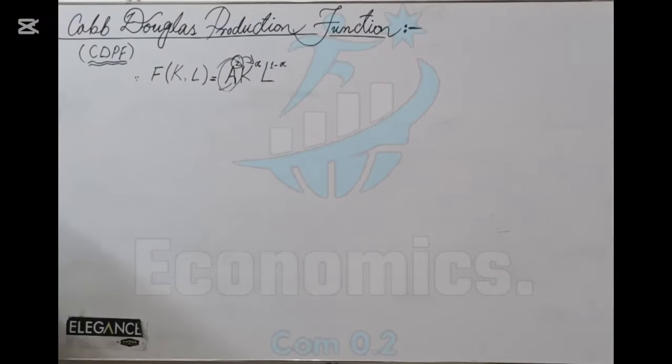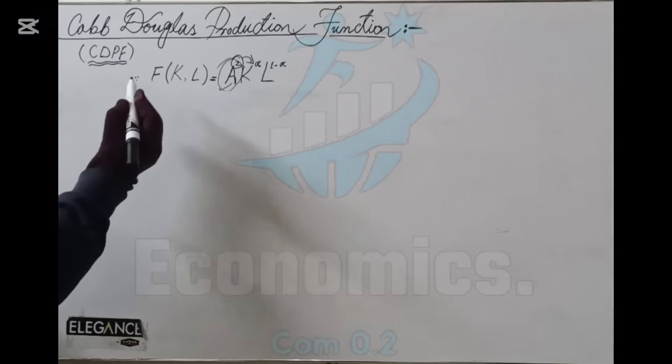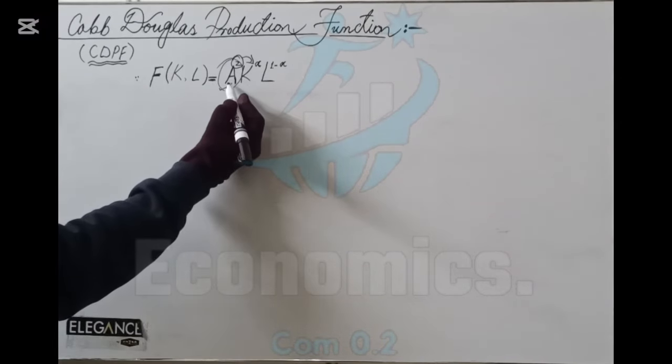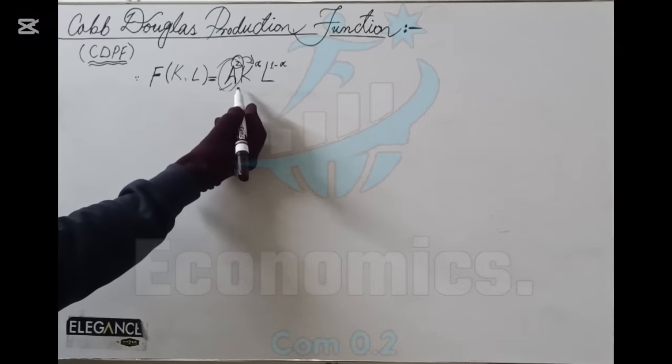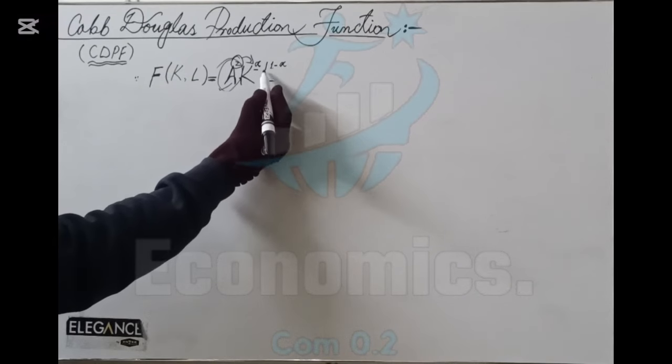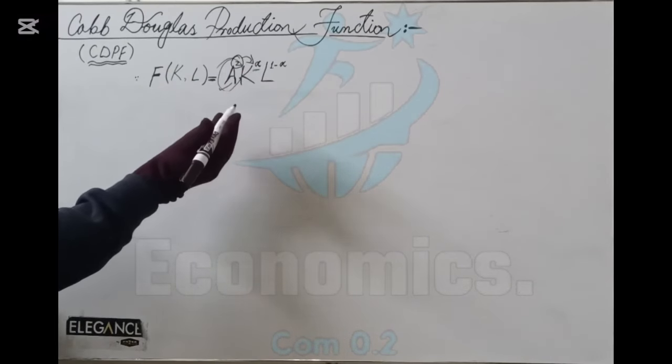Now we'll derive the equation, function F of K and L equal to A, the parameter of total productivity, times K raised to the power alpha, times L raised to the power 1 minus alpha.